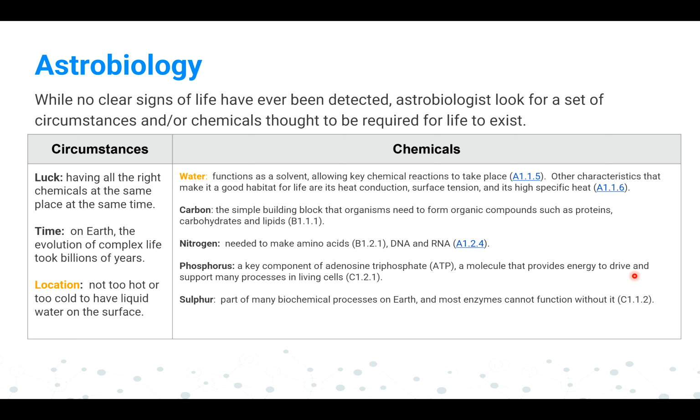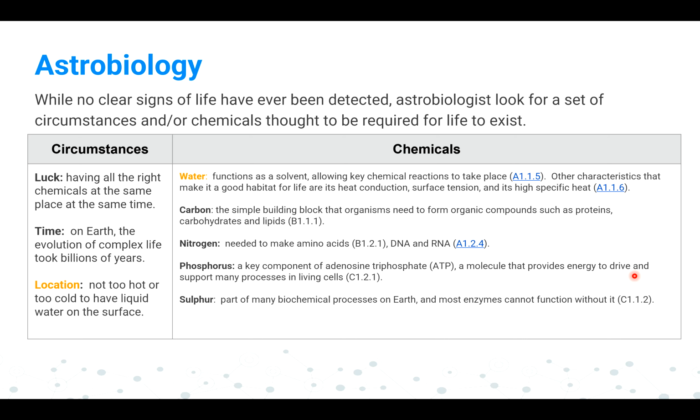While no clear sign of life has been detected, astrobiology looks for a set of circumstances and chemicals thought to be required for life to exist. Circumstances like having all the right chemicals at the same place at the same time.